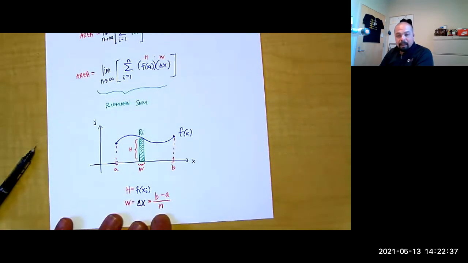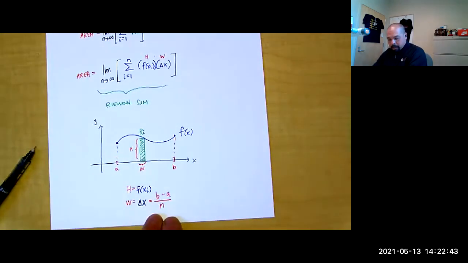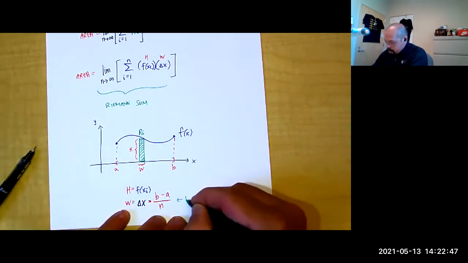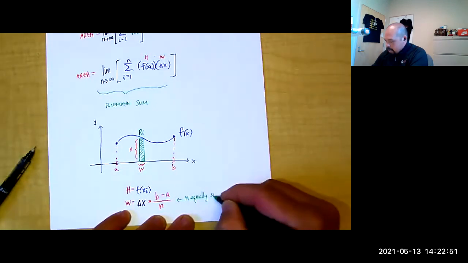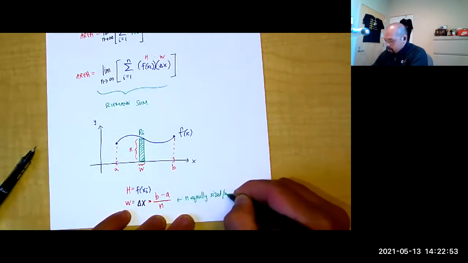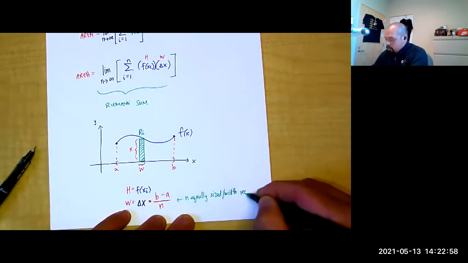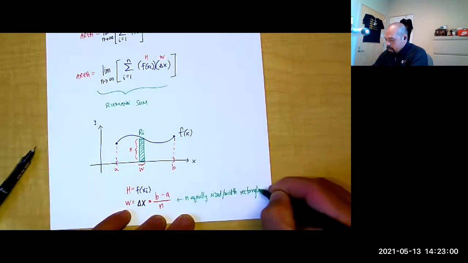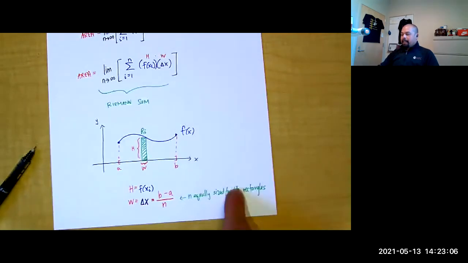Depending on how many rectangles we want, we take that full length, that distance, and divide into n parts. So this is going to create n equally sized width rectangles. Those bases, how wide they need to be. And then the height's given by that f of x sub i.